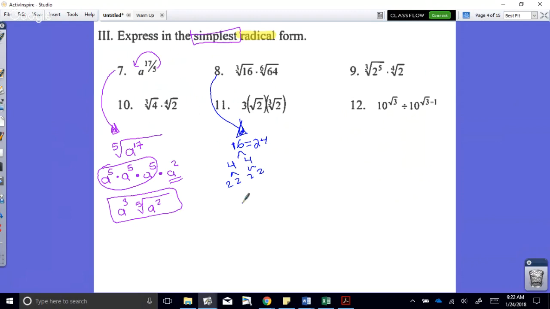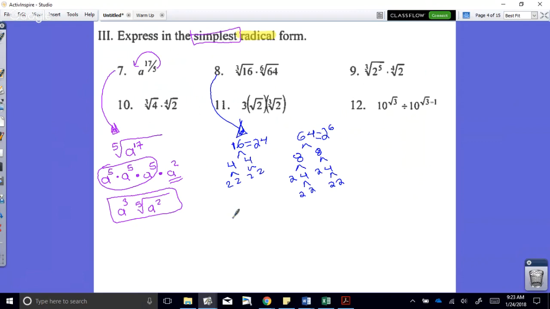Okay, then I'm going to do the same thing with the 64. Okay, 64 is 8 times 8, and 8 is 2 times 4, and 4 is 2 times 2. So if you count, there are 1, 2, 3, 4, 5, 6. So 2 to the 6th.